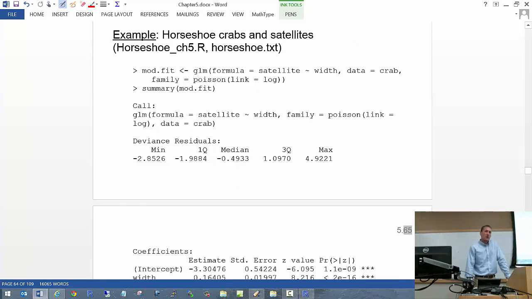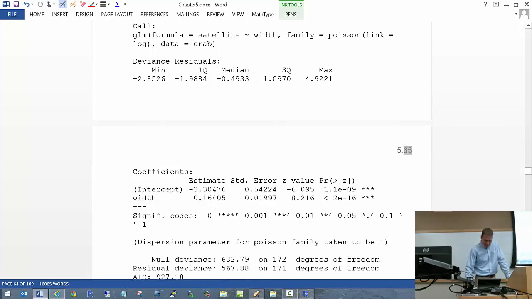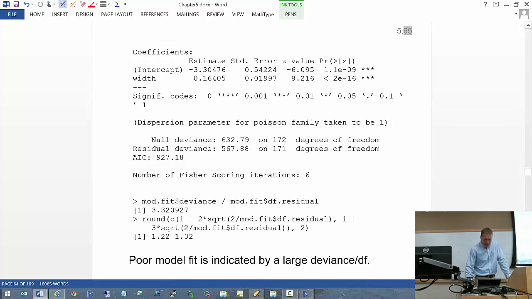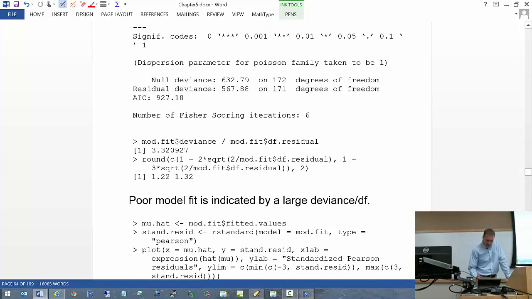Well, let's take a look at our horseshoe crabs and satellites example. Do I have overdispersion? Let's estimate the model like what we've done before with the GLM function, with satellites as the response. So I estimate my model, and let's calculate deviance divided by degrees of freedom. 3.32.